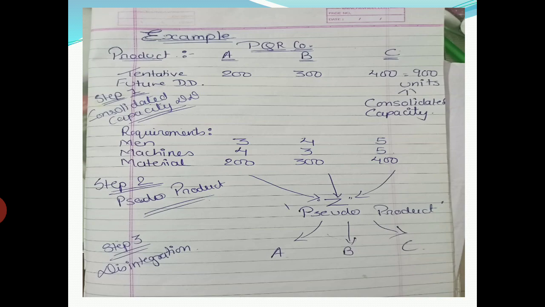We can again allocate to A, B, C individual products, and work out how we are going to produce with the existing capacity or whatever changes are required. When we take up aggregate planning with these 3 stages, it is said to be the top-down approach: number 1 consolidation, number 2 pseudo product, and number 3 disintegration. So this is what the top-down approach is, right?